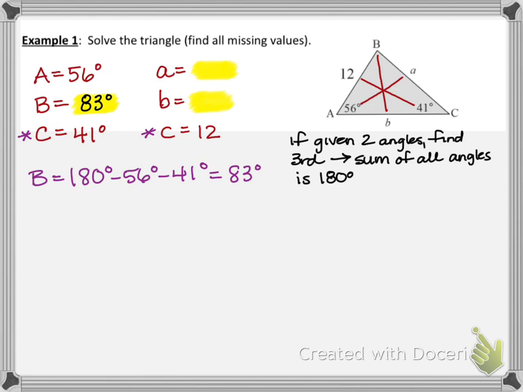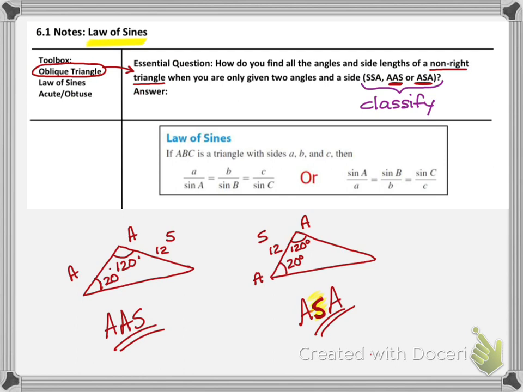If I look back at my formulas, lowercase a is located right here and right here. And so I can use this proportion or this proportion, okay? It doesn't matter which one you use because either one will yield the same answer.